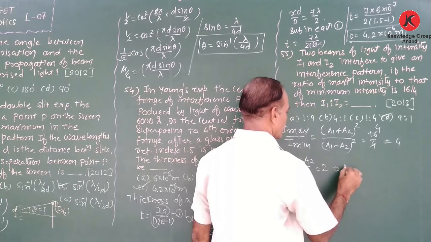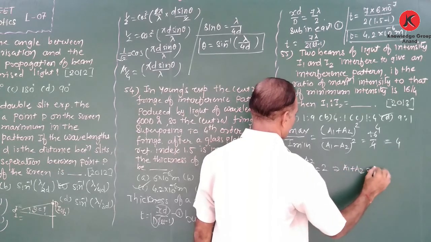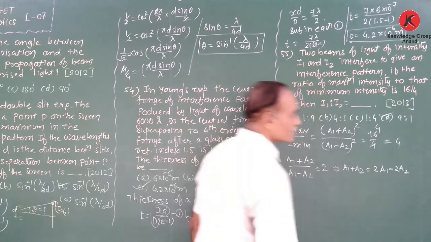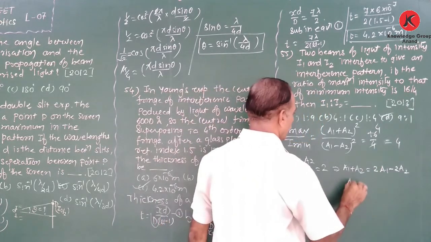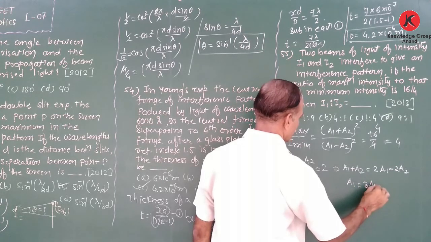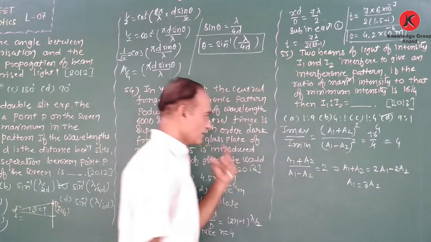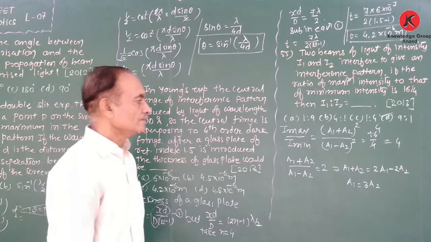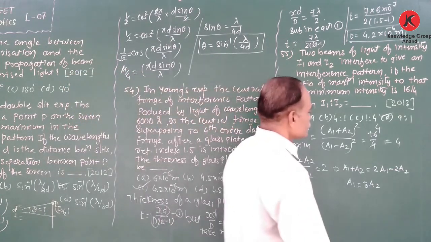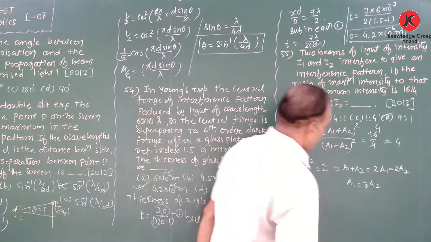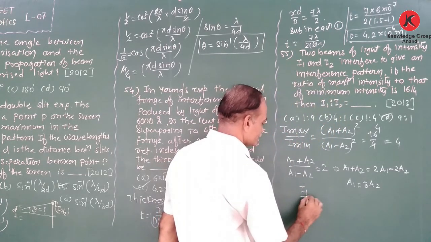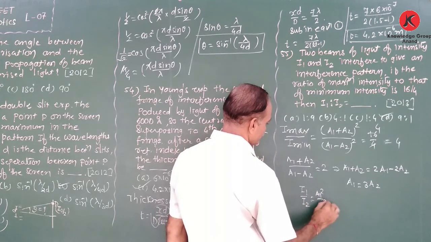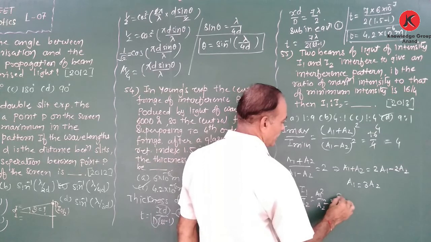Therefore, A1 plus A2 is equal to 2A1 minus 2A2. Therefore, A1 is equal to 3A2. Therefore, I1 upon I2 is equal to A1 square upon A2 square. Therefore, 9 by 1.